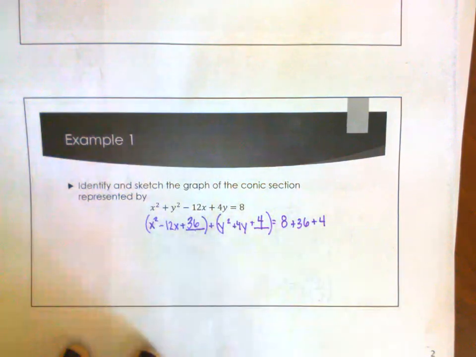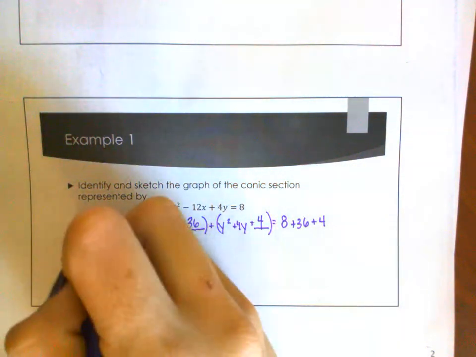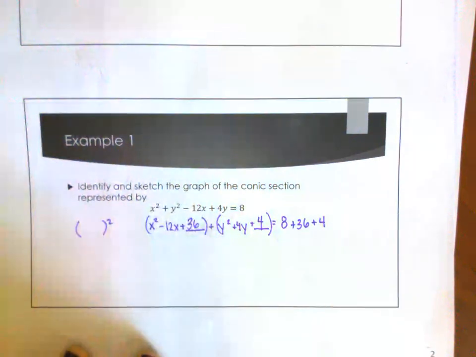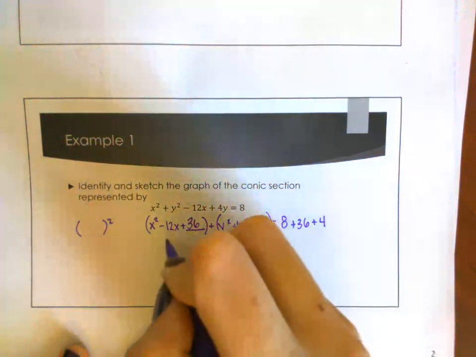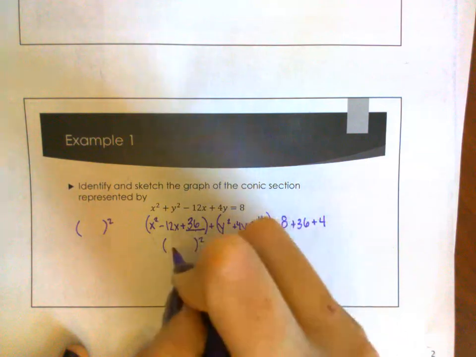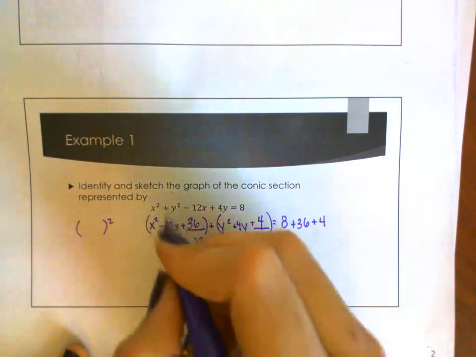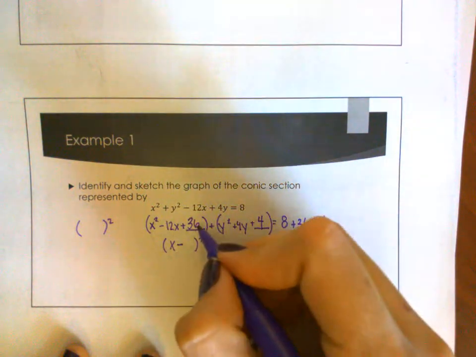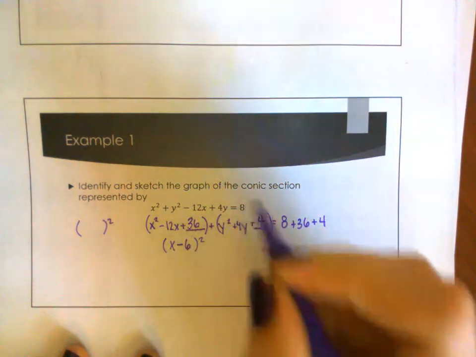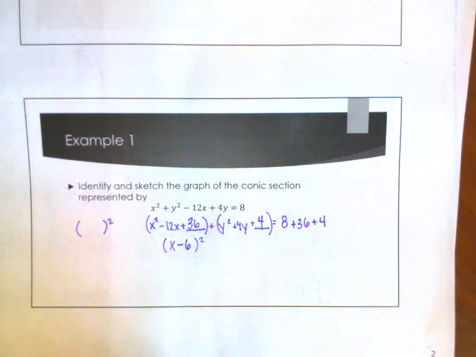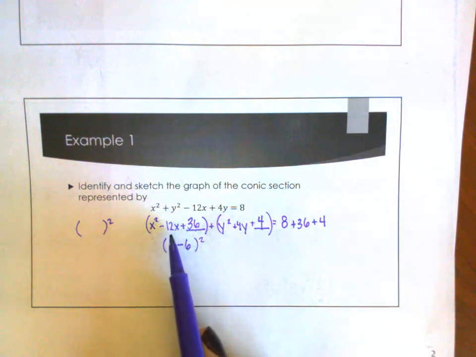Now, the whole goal of completing the square was to be able to rewrite it like this. So I'm going to rewrite this to be x minus the square root of this number, which is 6. Again, 6 times 6 is 36, and 6 plus 6 is 12.